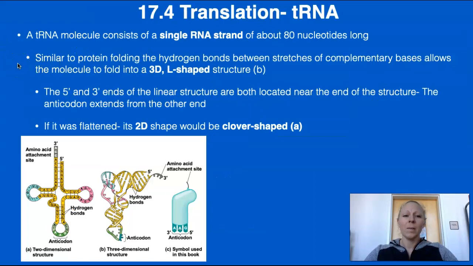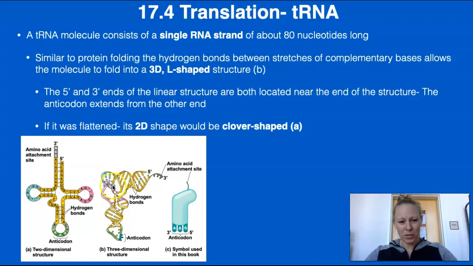A tRNA molecule consists of a single RNA strand, and they're about 80 nucleotides long. If it is pressed flat, in its 2D shape, it would have this clover shape right here that you can see. However, because of intermolecular forces, there are complementary base pairs which are attracted through hydrogen bonds, and that gives it a 3D structure.